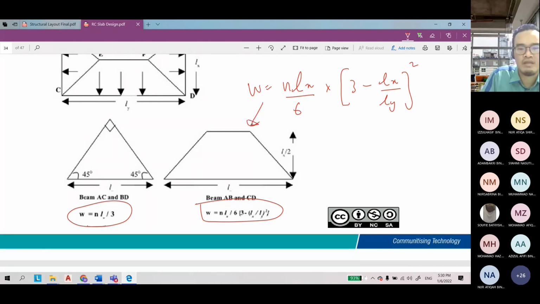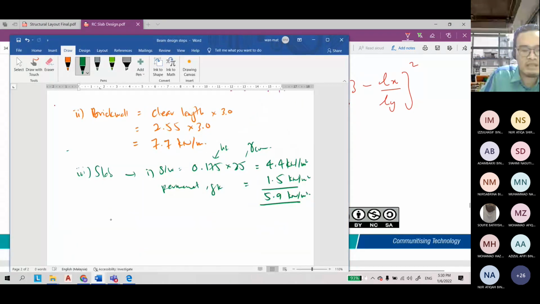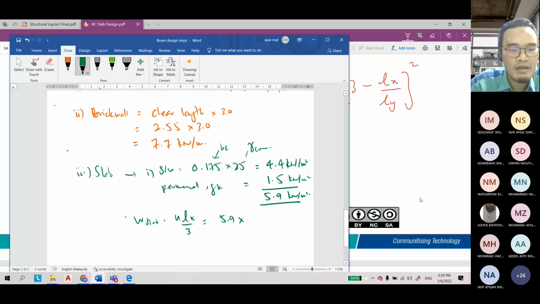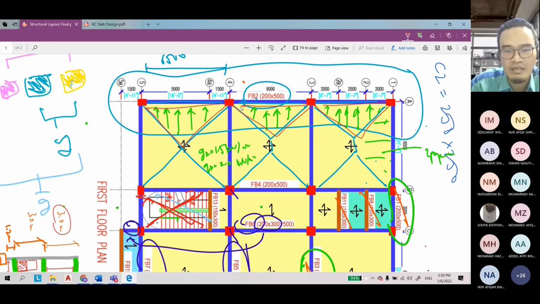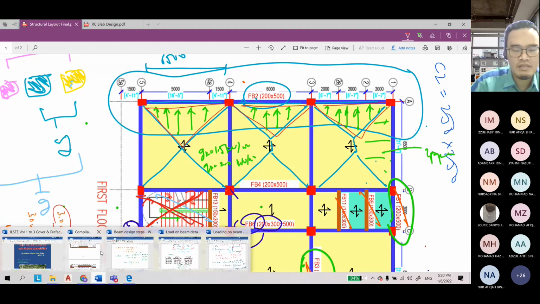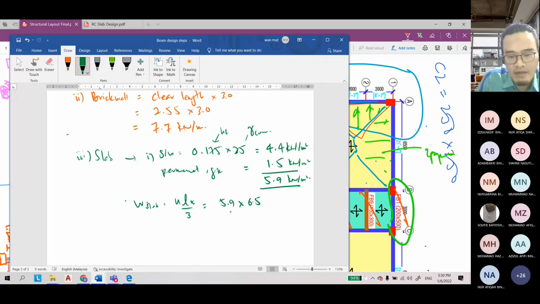This is simple. For my case, since my loading is triangle, W for slab is equal to n Lx over 3, equal to 5.9 times my Lx, which is the shortest, 6.5, divided by 3.